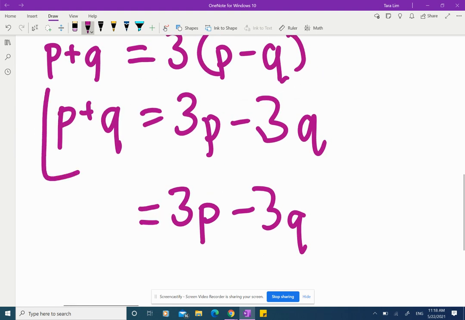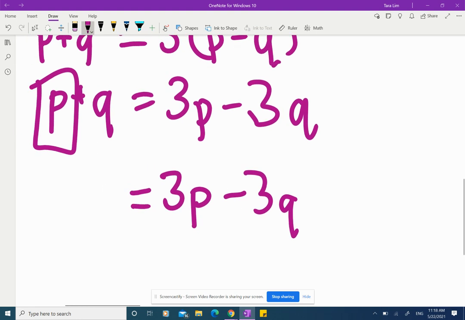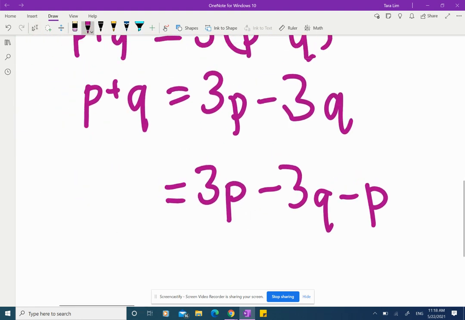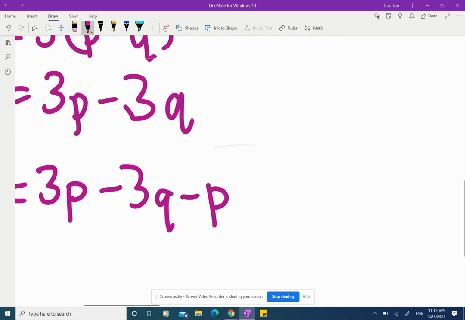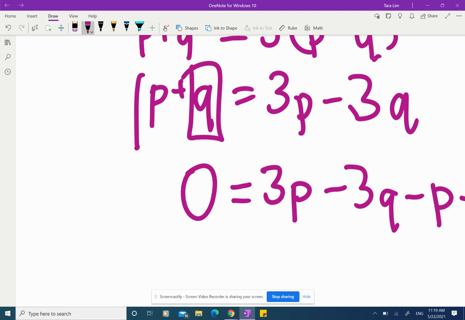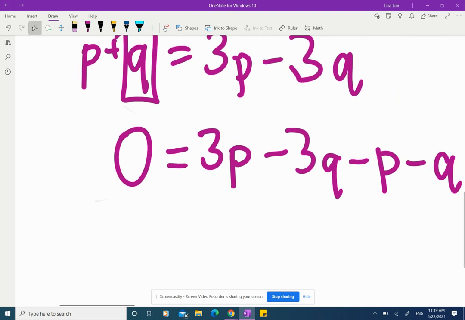First of all, we do it one by one. Let's focus on p first. We want to move p to the other side, so we minus p. And now we want to move the q to the other side. We also minus q. That will give us 0 because both of them are on the other side and nothing is here, so it's 0.